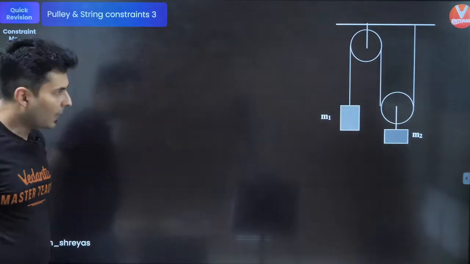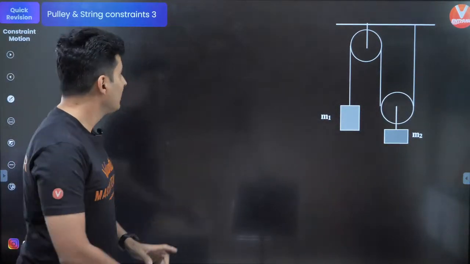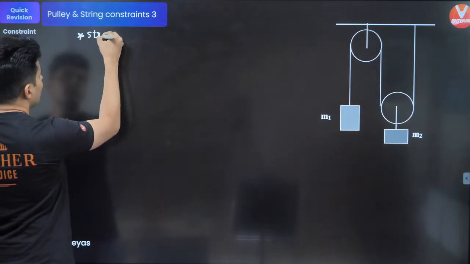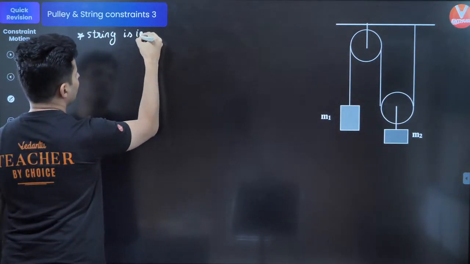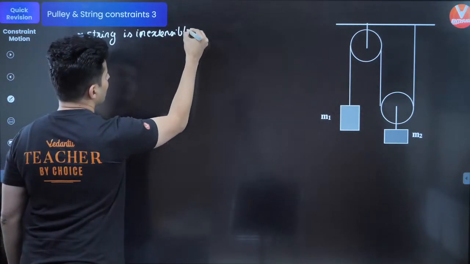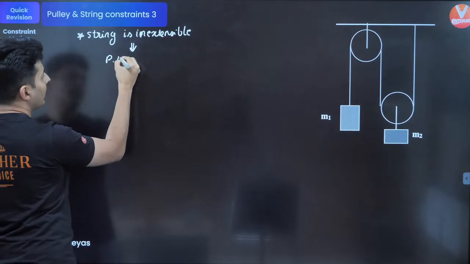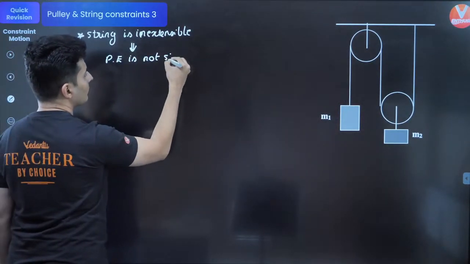Observe this now. In the third method, we will make use of the fact that the string is inextensible, and because of that, potential energy is not stored in it.